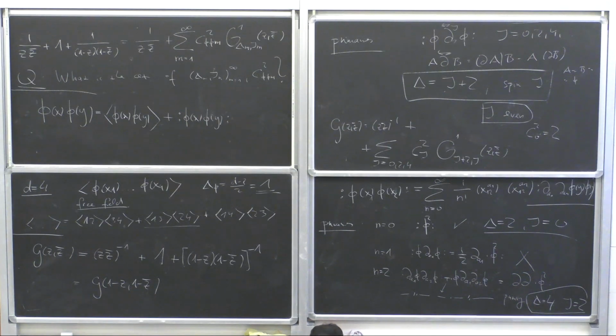So we can put some unknown number, which is the c squared of the operator of spin 2, which has dimension 4 and spin 2, and this tells us that the c squared needs to be 1/3. Okay, and so on.